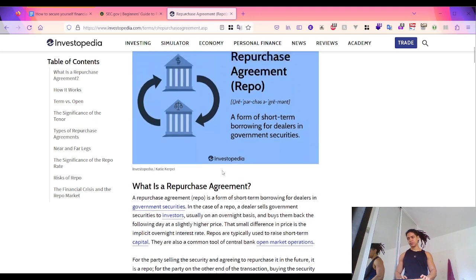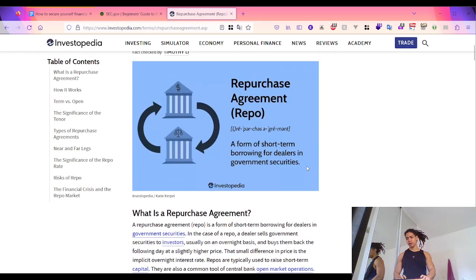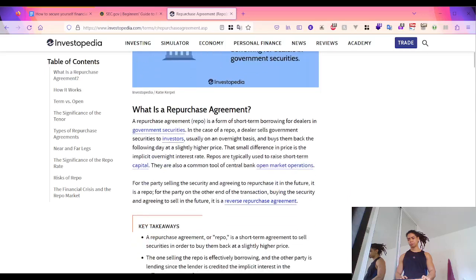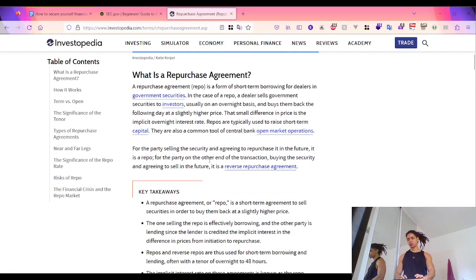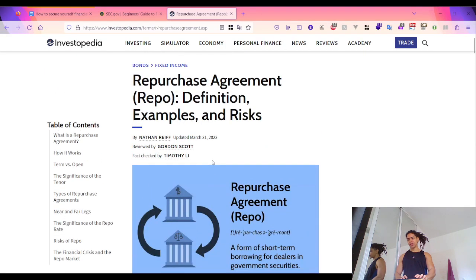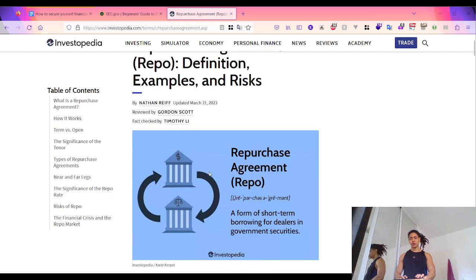Okay, so the government issues securities to dealers, a form of short-term borrowing for dealers in government securities. So you have repurchase agreement or repo, a short-term borrowing for dealers in government securities.